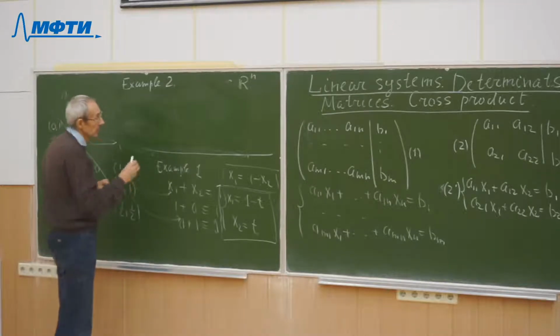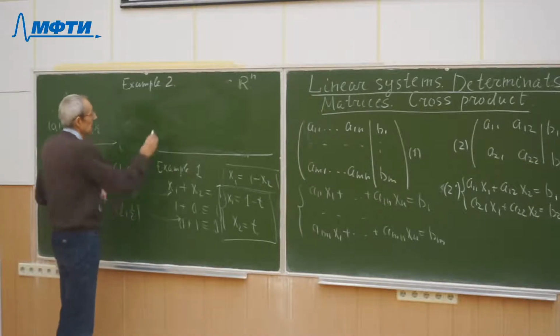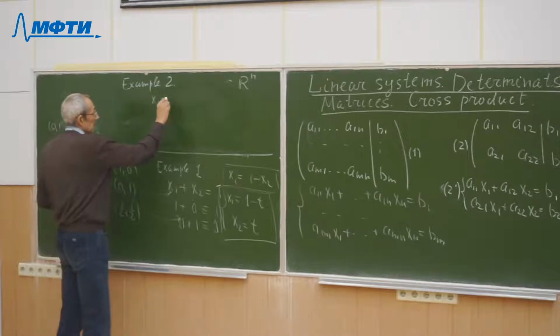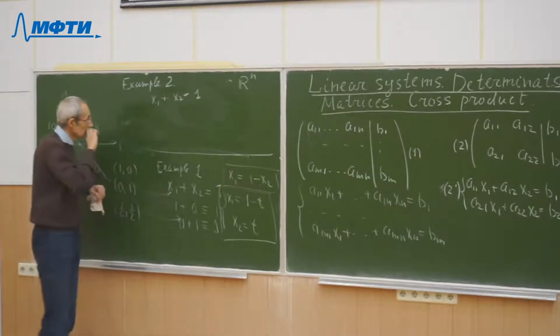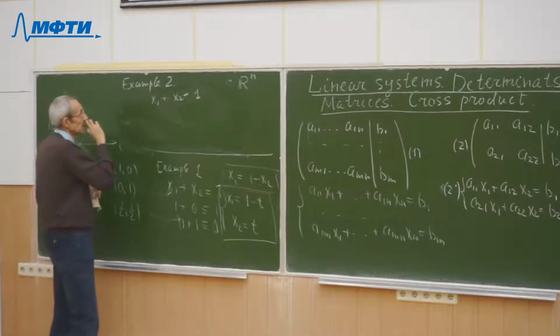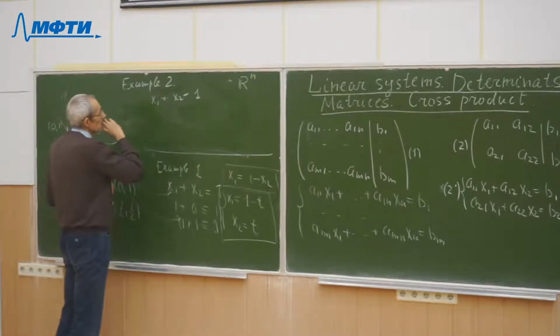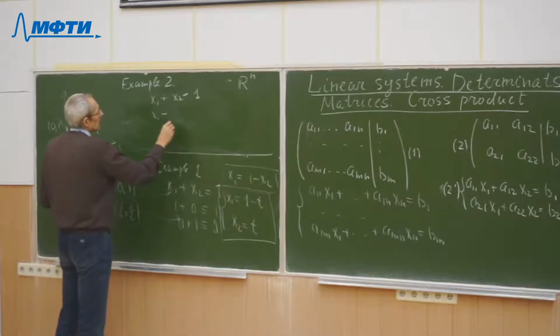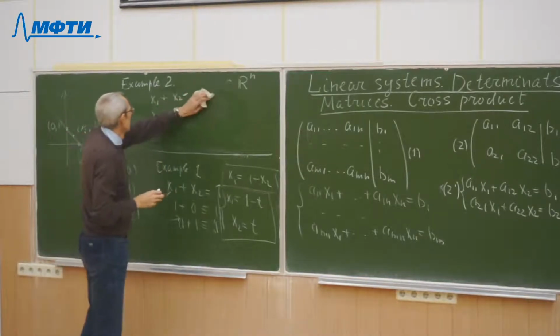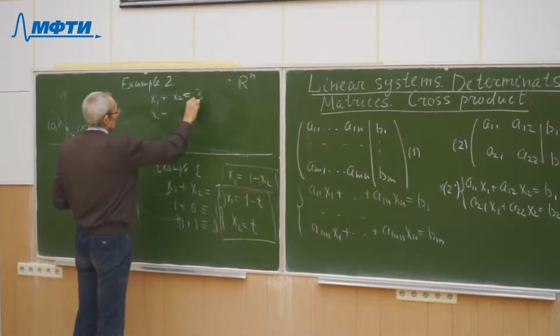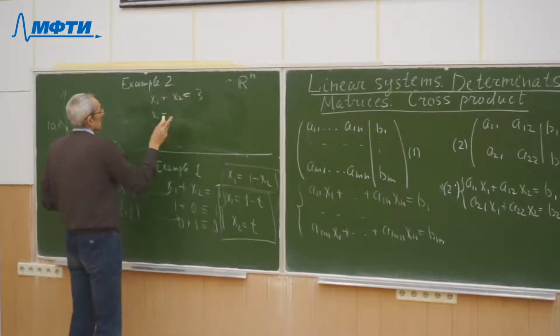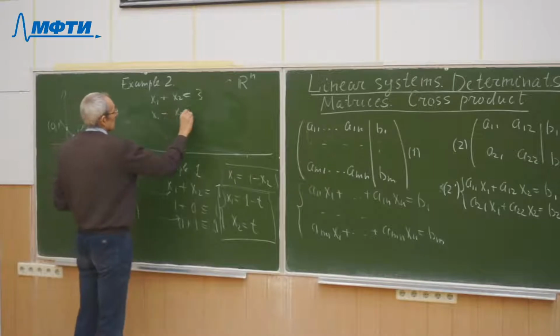We have two equations. First, x1 plus x2 is equal to 3, and the other, x1 minus x2 is equal to 1.